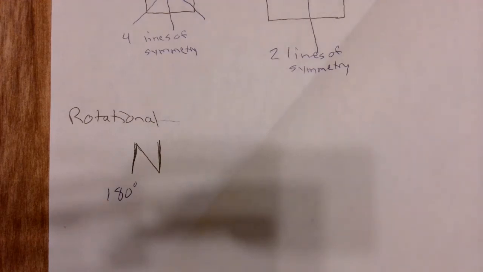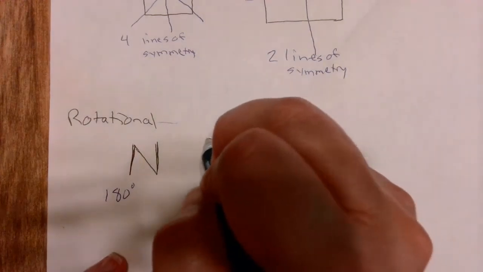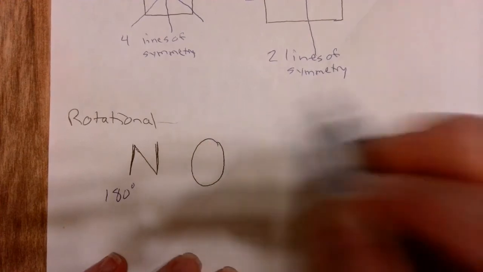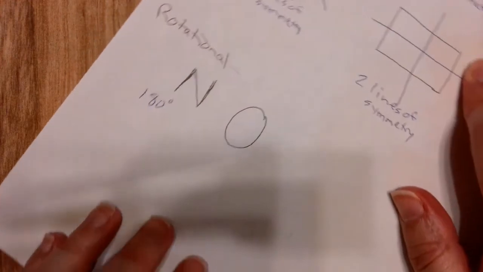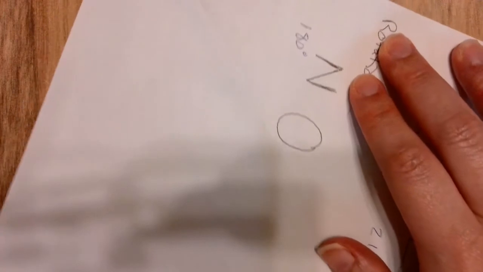Let's see if there's another letter. Let's try the O. There's the letter O. Start to turn your paper. Now here, it kind of looks like an O again, but now it's wider and shorter. It's not the same O. So we want to keep turning.